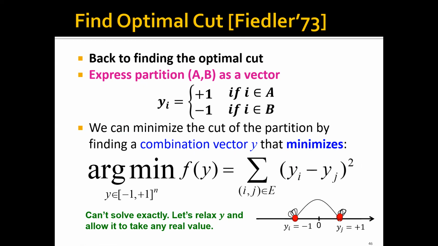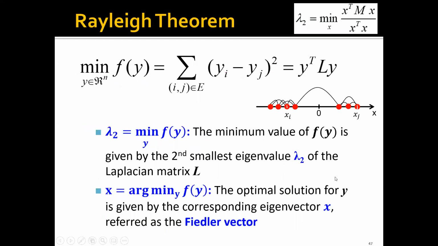Since y is a discrete value, either +1 or -1, it's very difficult to solve exactly. So let's relax y such that it can take any real value as opposed to only discrete values. Then the problem becomes something like this. We still have the same objective function.